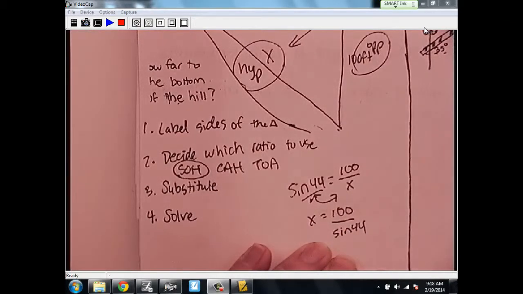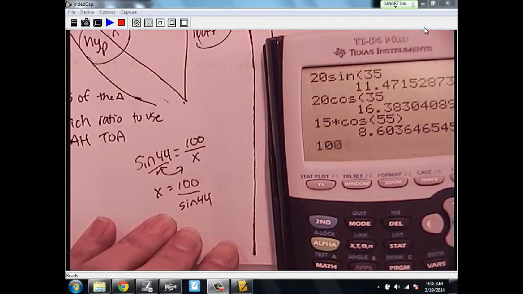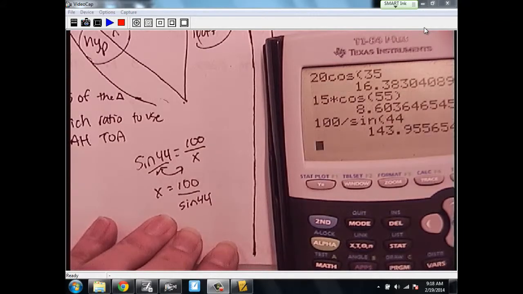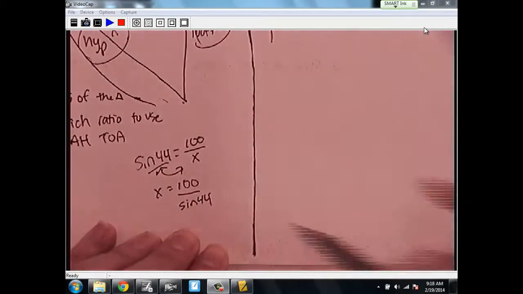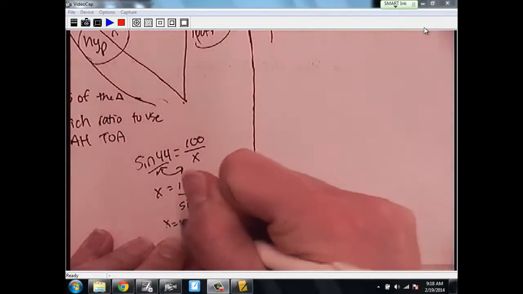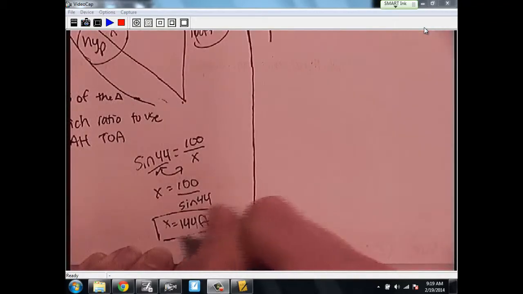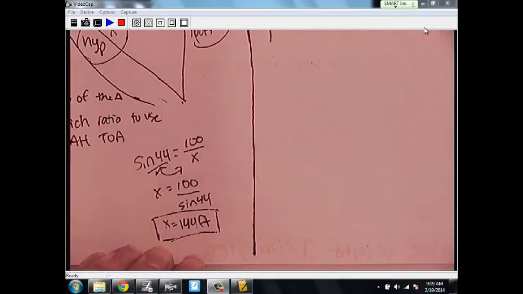Type it in your calculator just like you see it. And we get, if we round it to the whole number, 144 feet. So we get x is 144 feet.